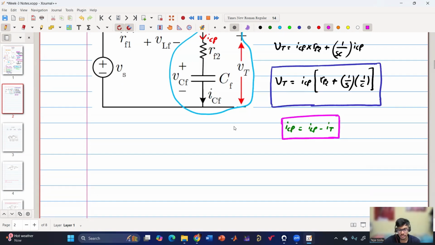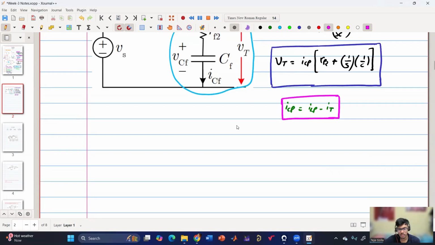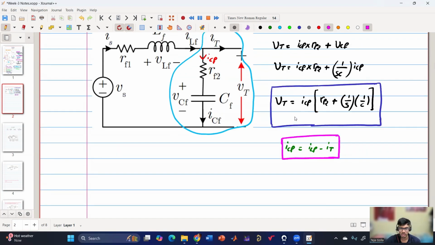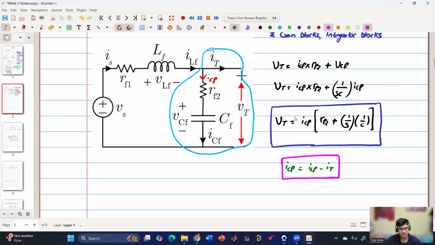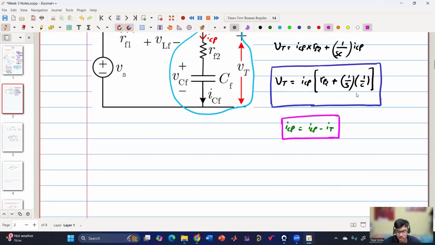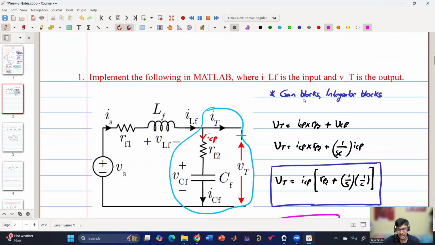Right? Clear for everyone how we are getting this? Okay. So now we need to represent this using the MATLAB blocks that we know: gain blocks, integrator blocks, as well as the summer block.